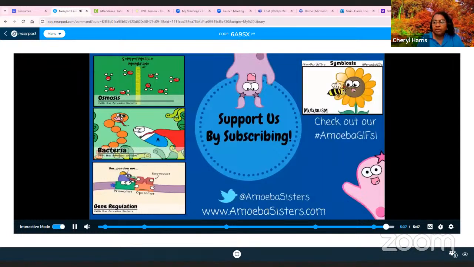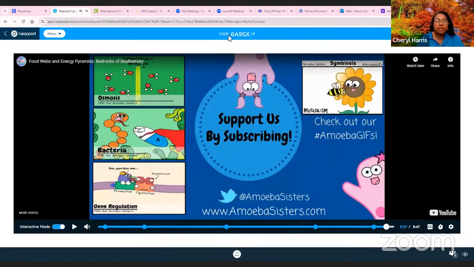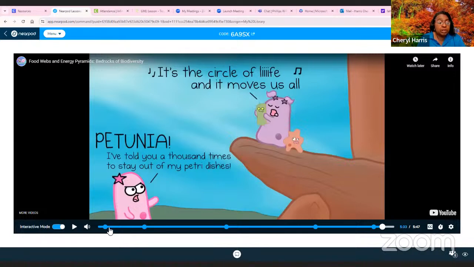It's funny, we just watched The Lion King the other day, because of the passing of Mufasa. But that's something you have to keep in mind: you need to remember the circle of life. If you take something out, the circle is broken.